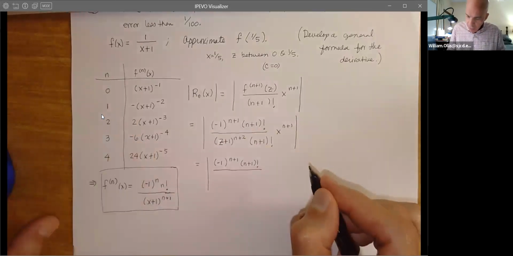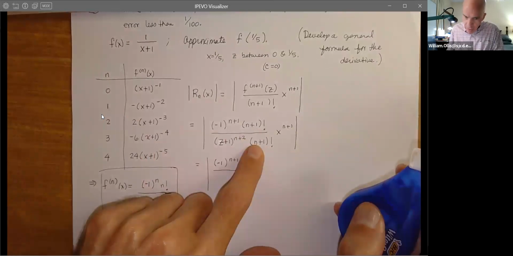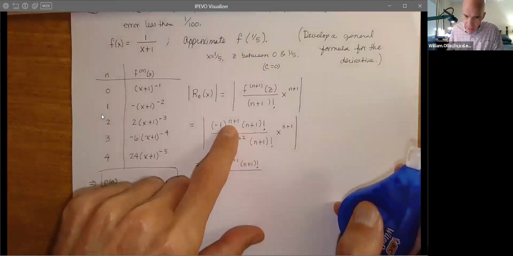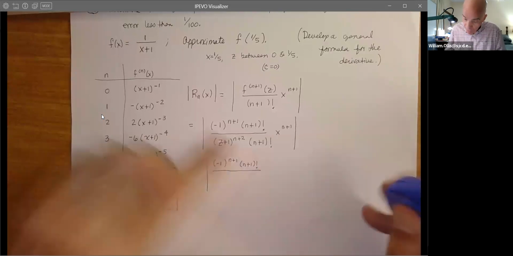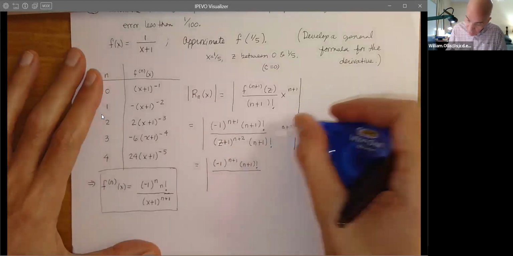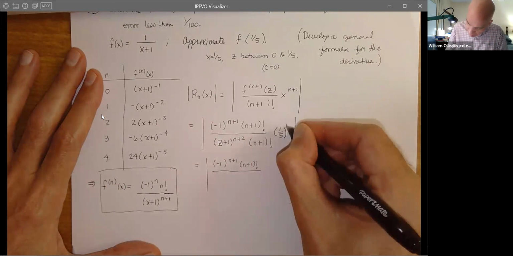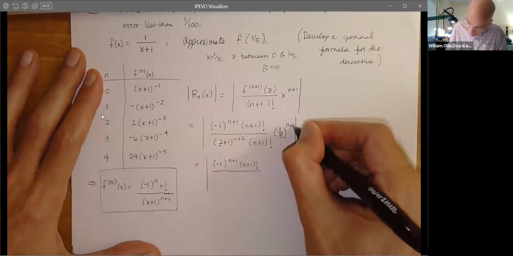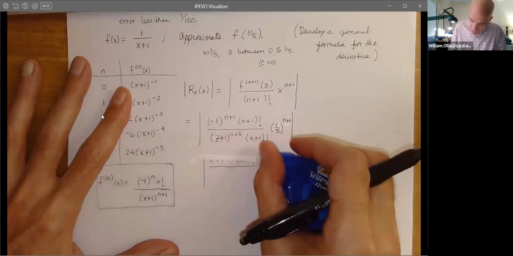So that's a z there. And then we have the n plus 1 here. And then we've got this, and we've got this. They are going to absorb. And let me go ahead and put in the value of x to save a little bit of time. So now I can get rid of this.